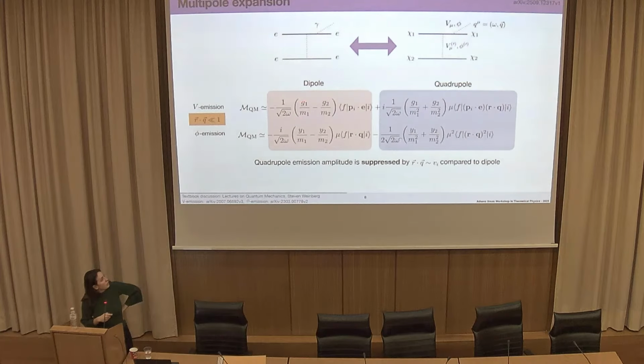And this multipole expansion is controlled by the ratio of coupling to mass of the particles that scatter together. And so the dipole part of the emission amplitude usually dominates, but cancels in the case where the two particles have the same coupling to mass ratio, and in that case you must look at quadrupole emission.